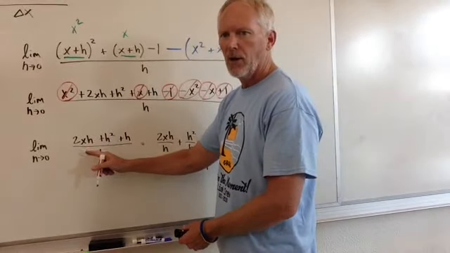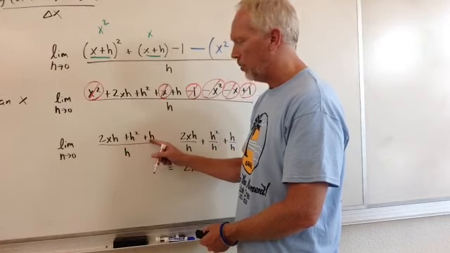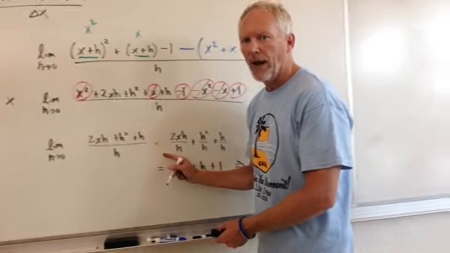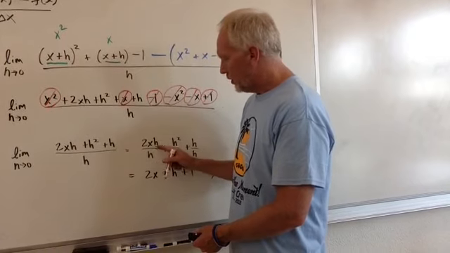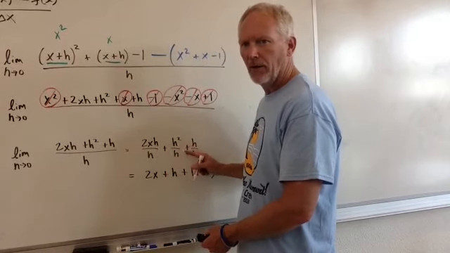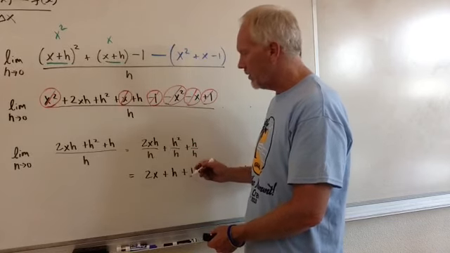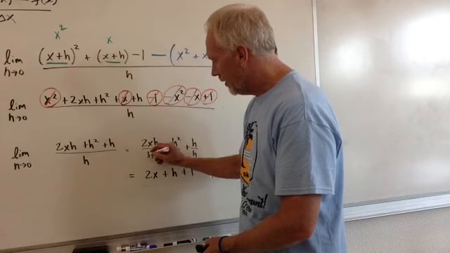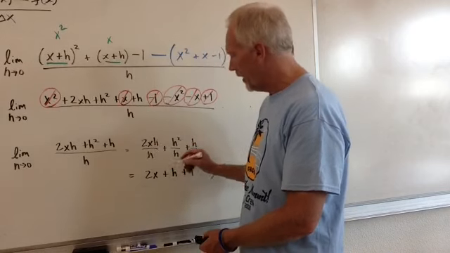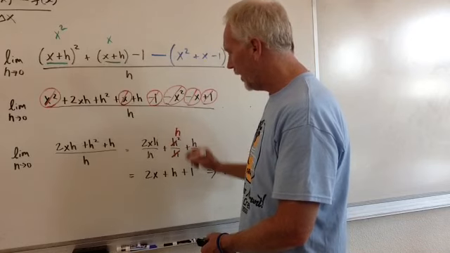We come down here, we notice that it's 2xh plus h squared plus h. We can rewrite that as 2xh over h plus h squared plus h over h. Now the nice thing there is, again, we can simplify. That h goes away with that h. An h there goes away with an h there, so we're left with an h up top.